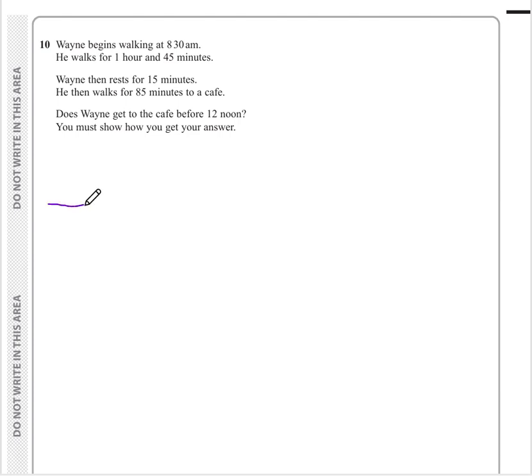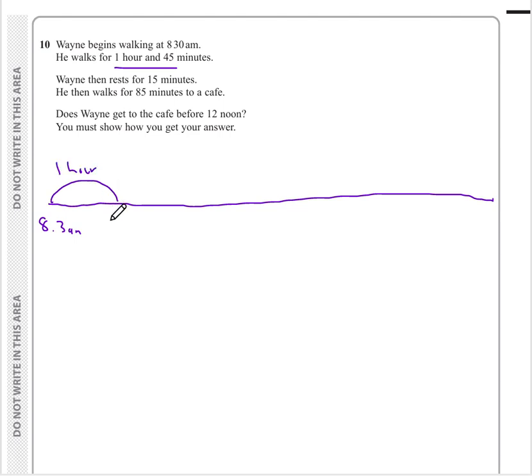So I'm going to think about the timeline for this one. He's going to start walking at 8:30 a.m. He's going to walk for 1 hour and 45 minutes, so let's break that down. 1 hour is going to take me to 9:30 a.m. and I want another 45 minutes.